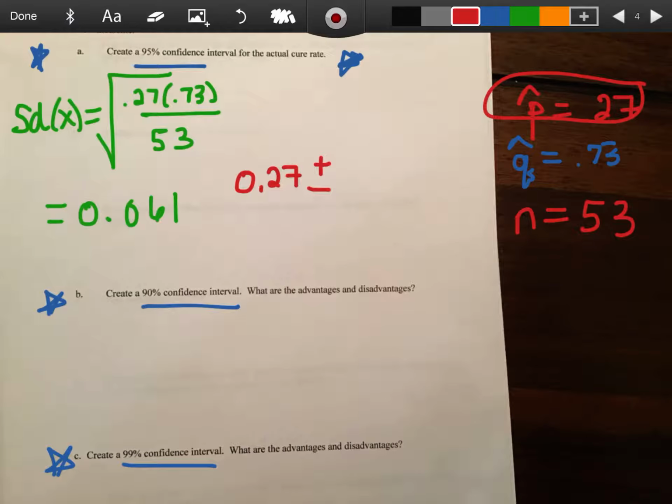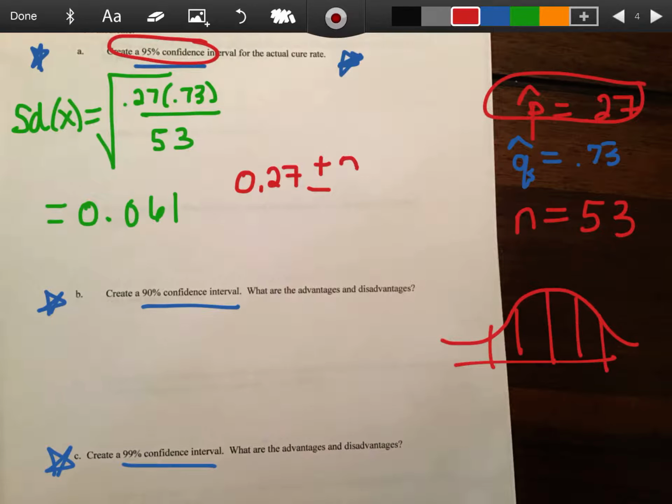How far are we off to become 95% confident that we actually grabbed the real answer in there? Well, if I want to be 95% confident, I really can go out 2 standard deviations below and 2 standard deviations above. So I can technically put a 2 right there.